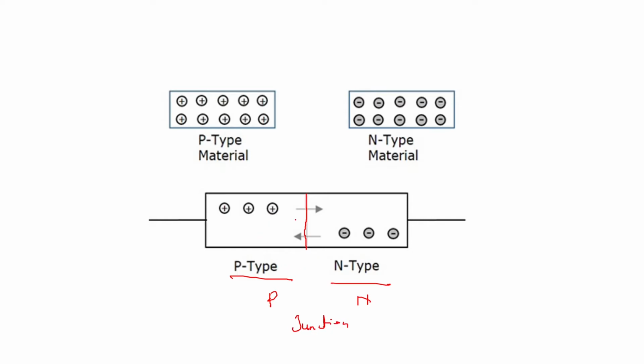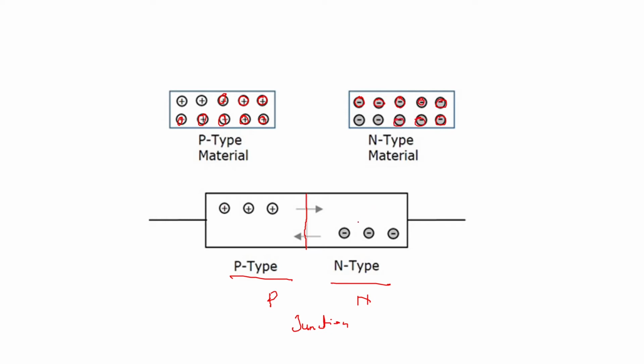Now in this case, what happens? The p-type material is having holes, that is positive carriers, as majority carriers because you're adding trivalent impurity. And n-type material will have electrons as majority charge carriers because you're adding pentavalent type of impurity.